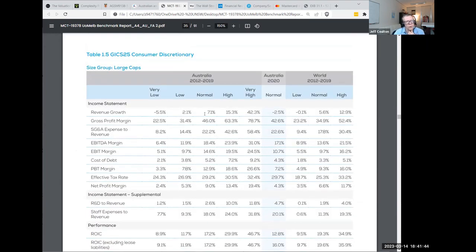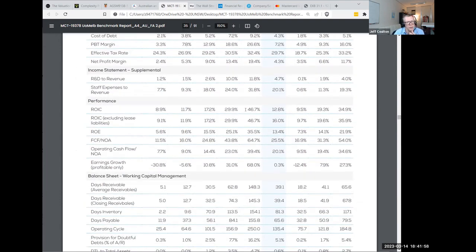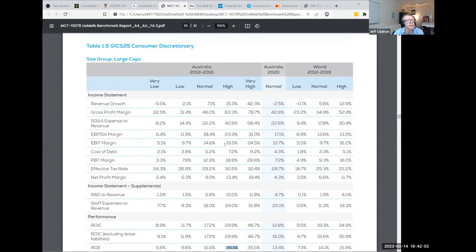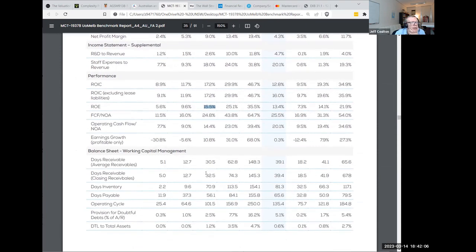Revenue growth: what's low, normal, high, very high, what's the average, and some global numbers as well. What's typical gross profit margin, typical EBIT margin, typical cost of debt, typical return on invested capital. ROE was kind of high; the normal 15%, even that's kind of high.